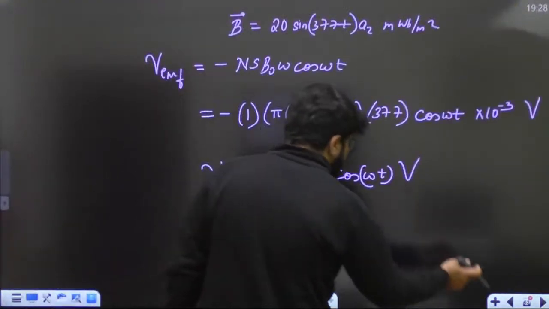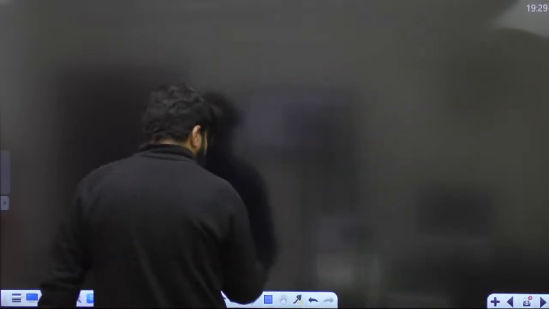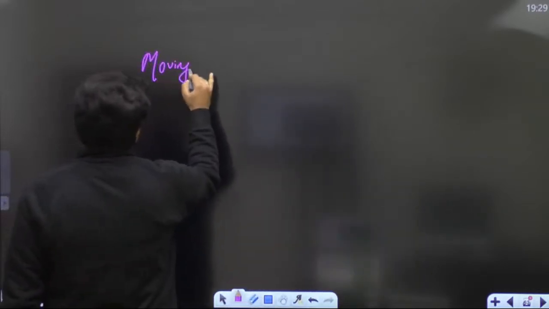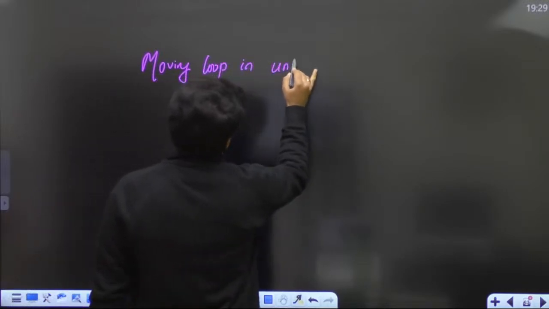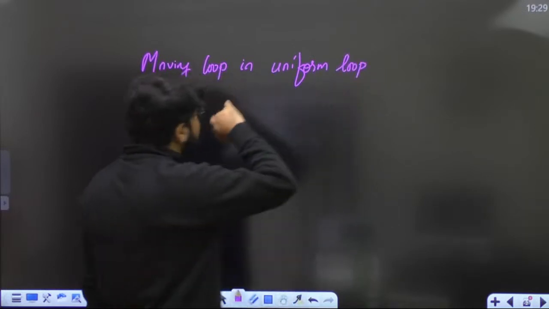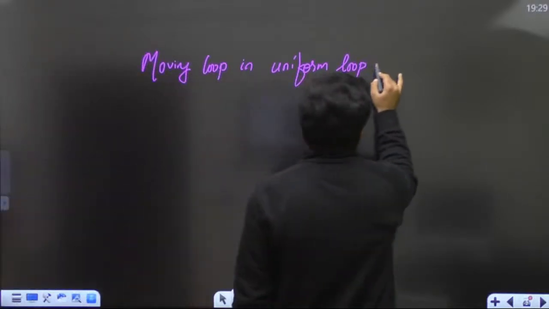Because we have solved this, one more thing I should tell you. Sometimes they can put up a question where there is a moving loop in a uniform field. Earlier there was a stationary loop, now there is a moving, rotating loop in a uniform field.